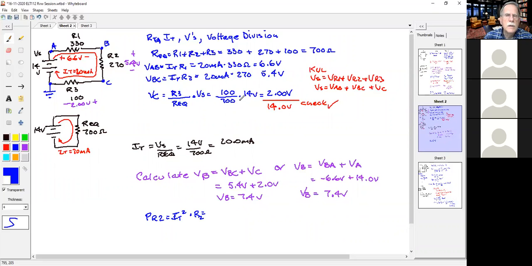My IT for this one was 20 milliamps times R2, which is 270. So that's 108 milliwatts.